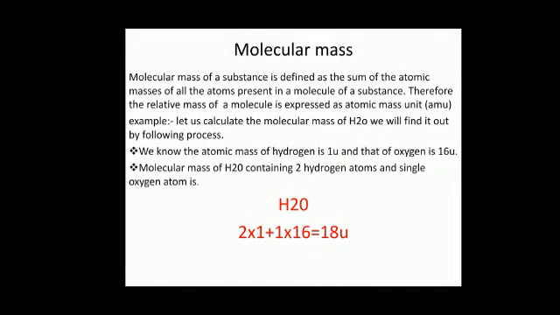Formula of water, you know, H2O. It means there are 2 atoms of hydrogen and 1 atom of oxygen. Now what we do is 2 atoms of hydrogen are multiplied by its atomic mass, that is 1 U, plus 1 atom of oxygen is multiplied by 16. So here it comes 18 U. That means 18 unified mass.